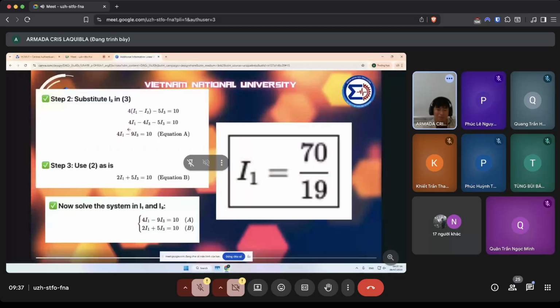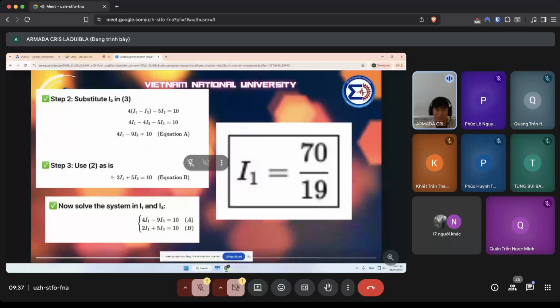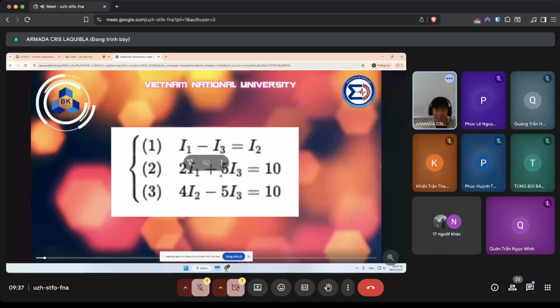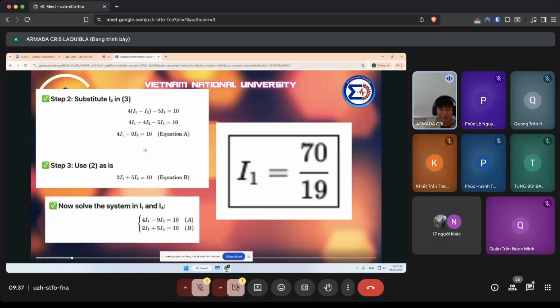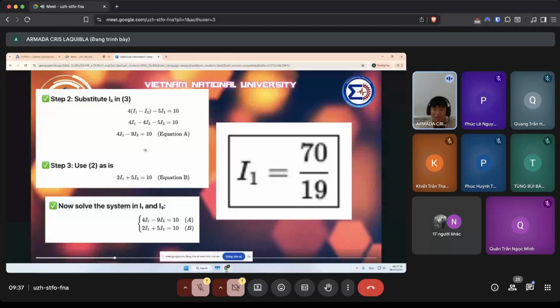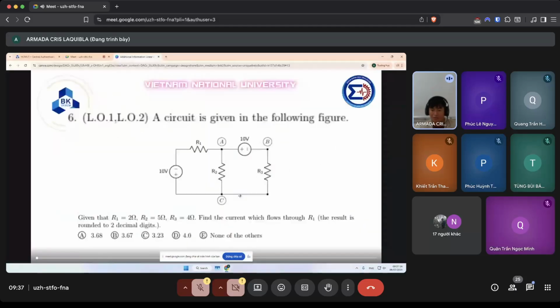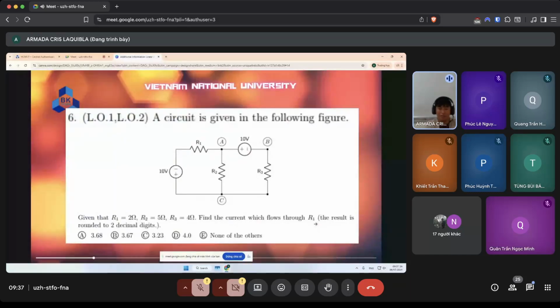Now this one we combine with equation 2 there because our equation 2 has I1 and I3 only. Now what we are going to do is solve for I1, right? Because the question says what is the current which flows through R1? So we compute I1 only.